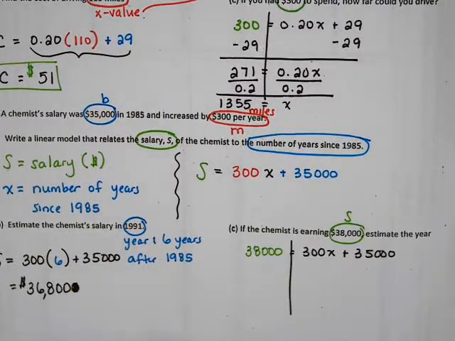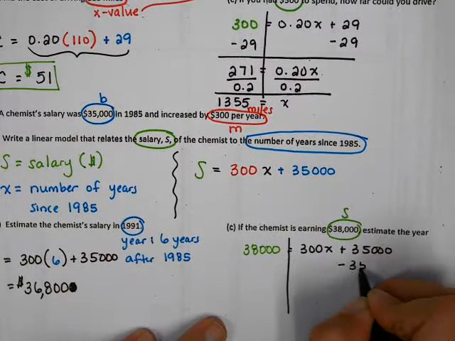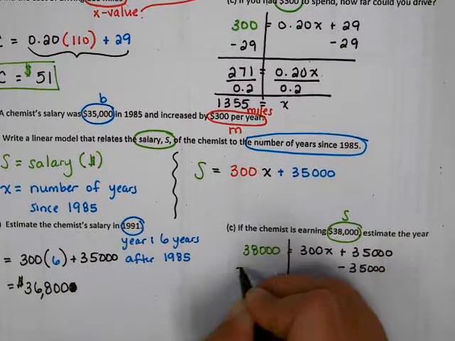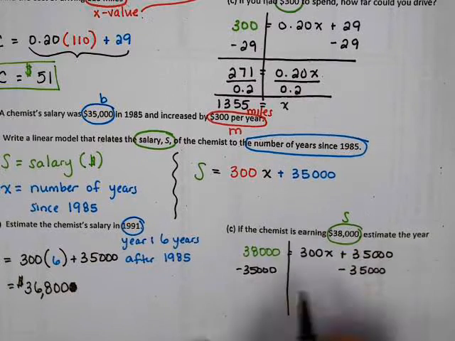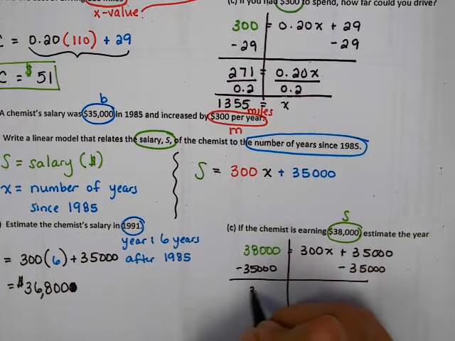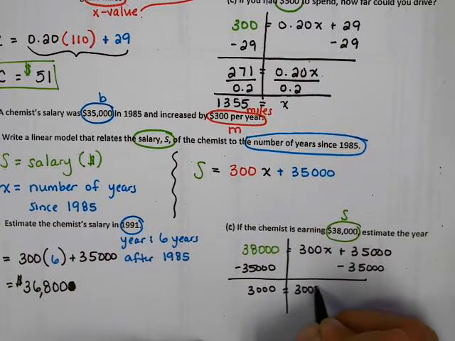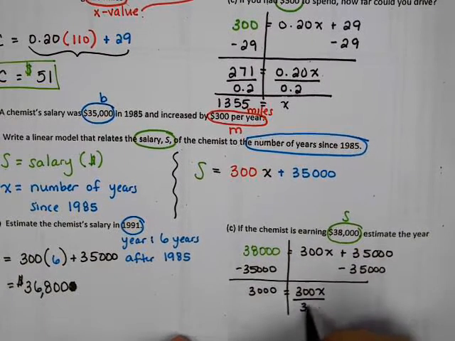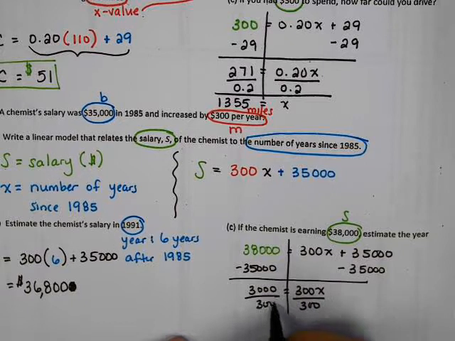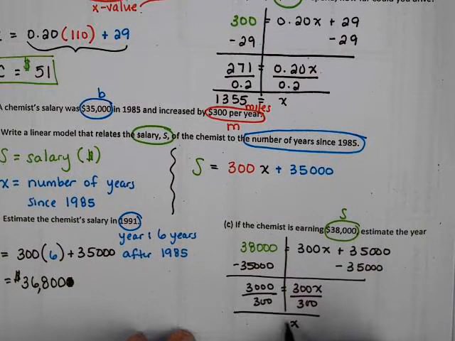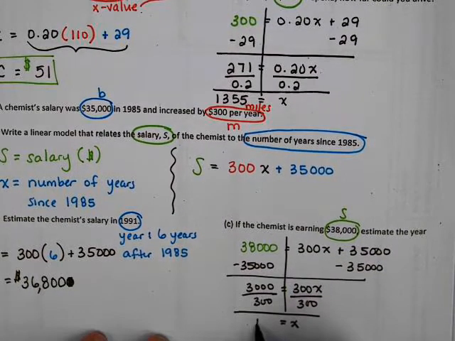Now I'm going to have to solve this, so I would subtract the 35,000 on both sides, and I would get 3,000 equals 300x. Then I would divide by 300, and I would get x equals 10.